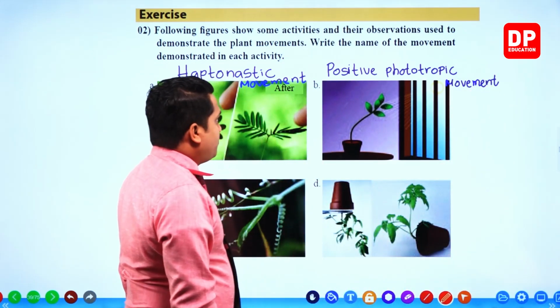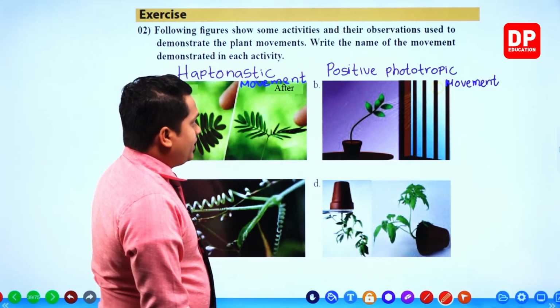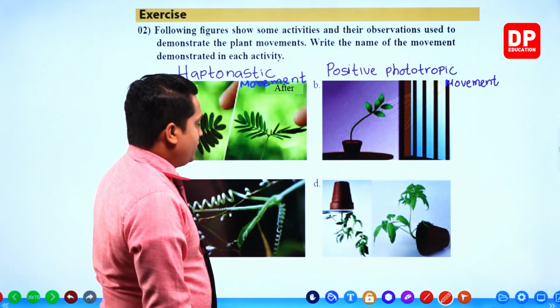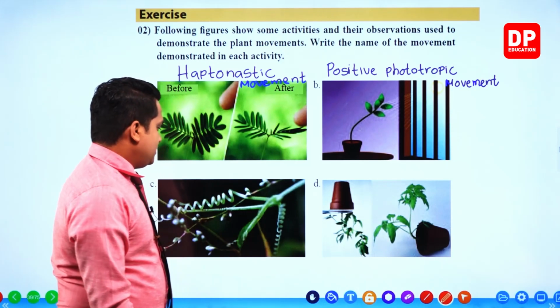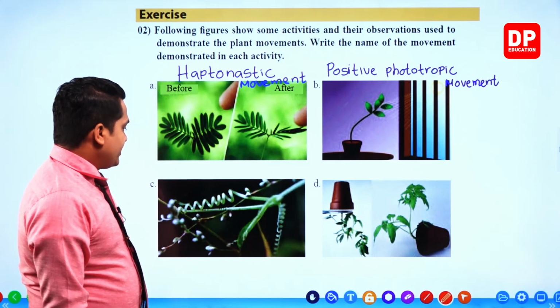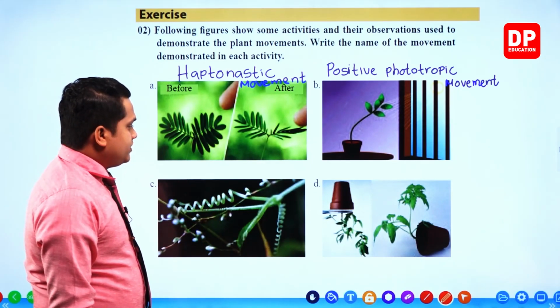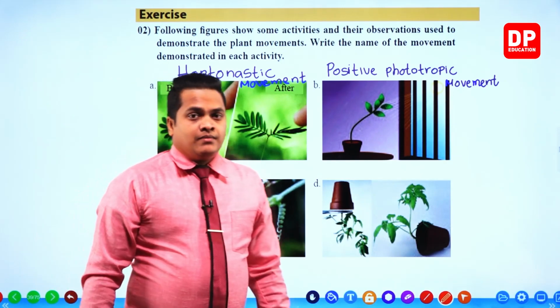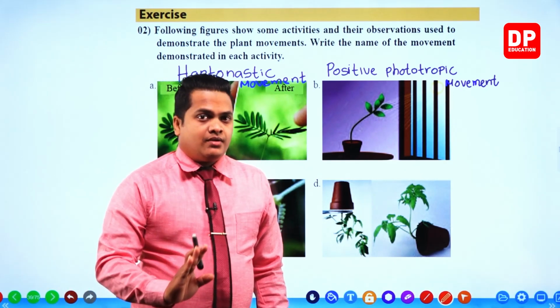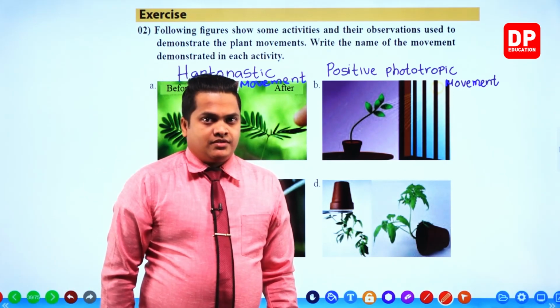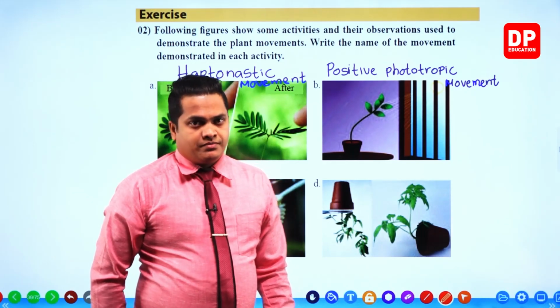Positive phototrophic movement. Here, the tendrils are growing towards a support. This is called a positive thigmotrophic movement.